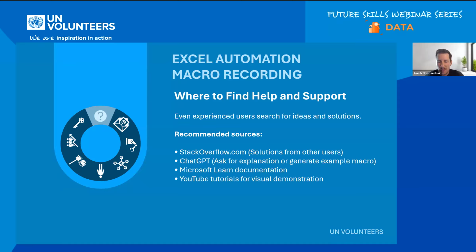The first example is the website Stack Overflow. It's used by programmers, and experienced programmers also use this site to search for solutions or to fix some bugs they have in code. Then you can use ChatGPT.